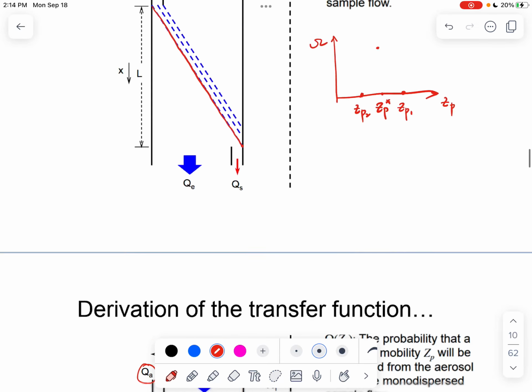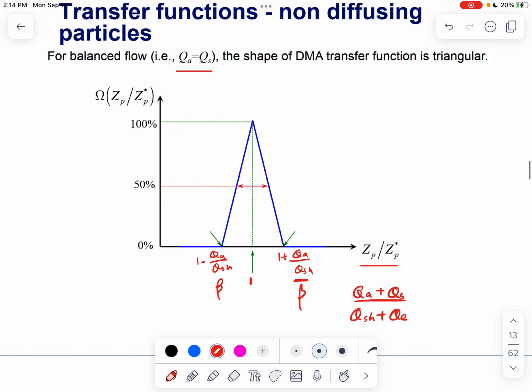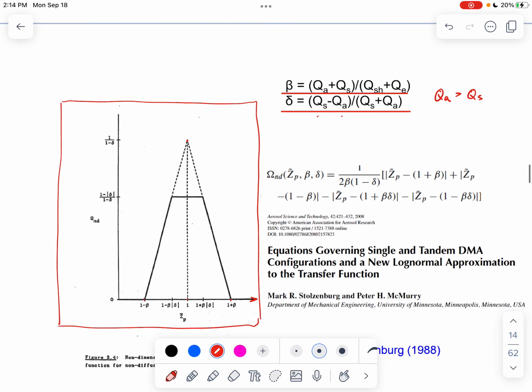So if you have QA larger than QS, then you have a delta that's smaller than 0. Right? So if delta is smaller than 0, it means that here you're going to have a value that's smaller than 100%. Because the absolute value of delta is going to be positive, and then in the denominator you have a value that's larger than 1, right?